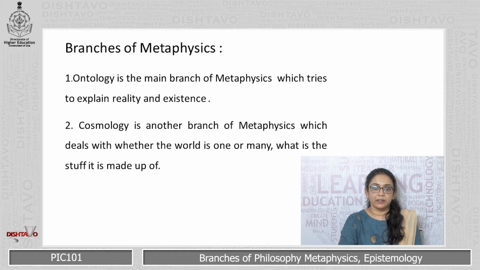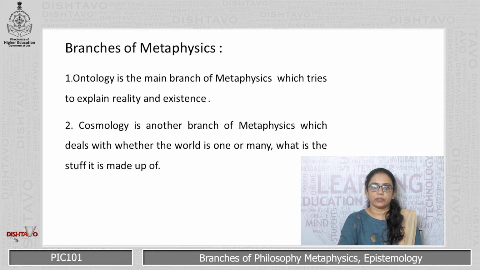What is real and what is unreal? What is appearance and what is reality? So, appearance and reality are one of the main focuses of metaphysics among various other problems. It also focuses on existence, man's existence in the world, how man is connected with the world. This is also part of metaphysics.